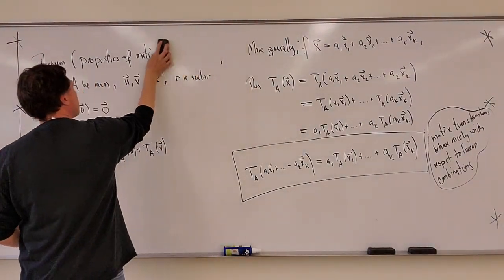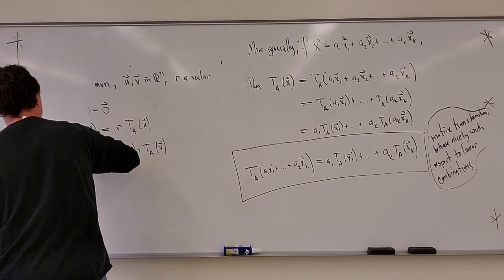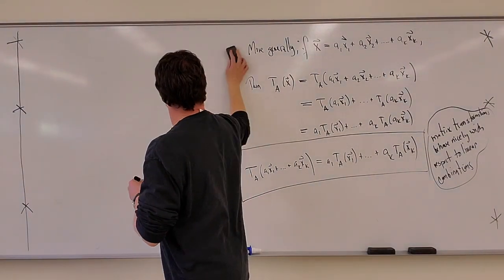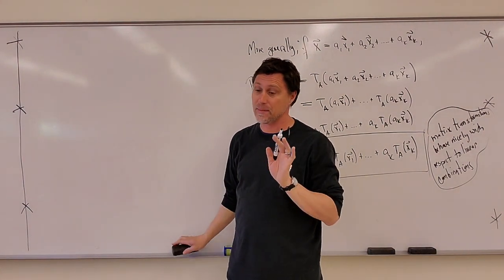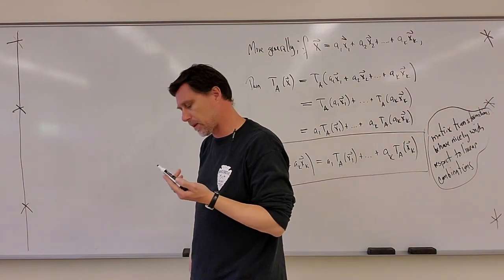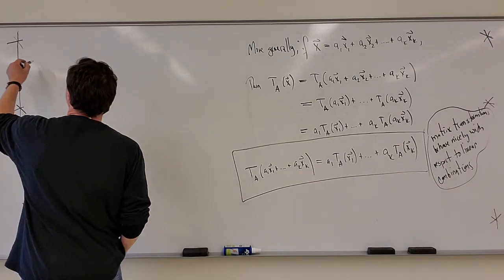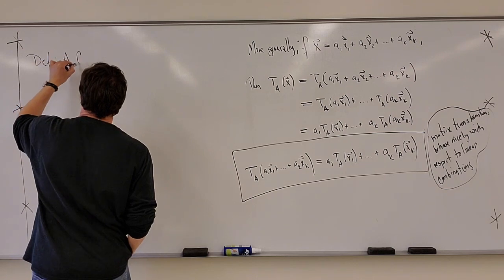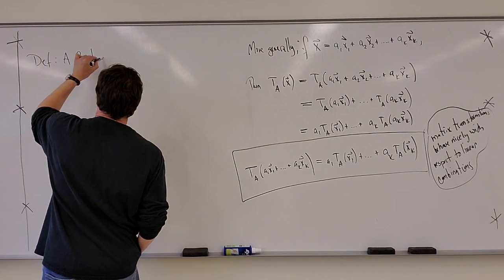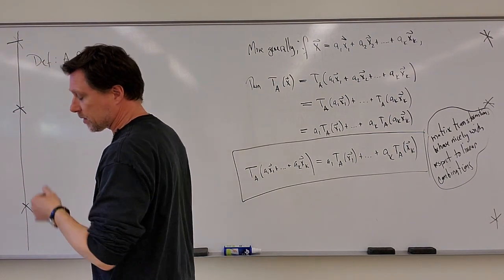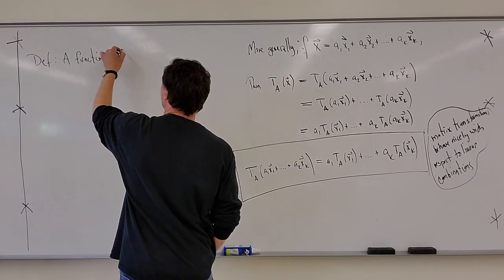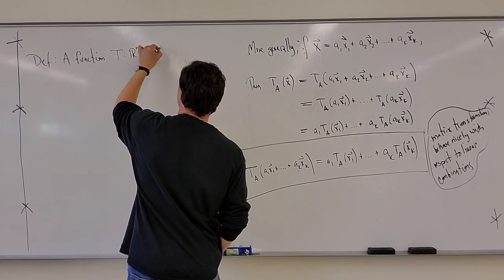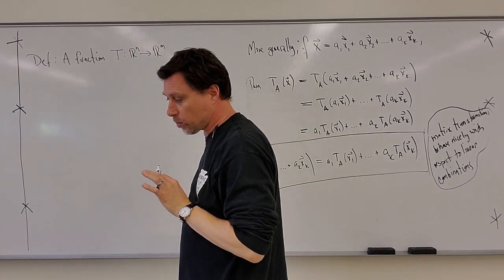Okay, so we've defined this thing called matrix transformation. And now we want to talk about something very, very closely related. In fact, what we're going to find is that it's the same concept. But I'm going to just write this down as a definition. So definition, a function, and let's call it capital T, from Rn to Rm, that satisfies two properties, right?